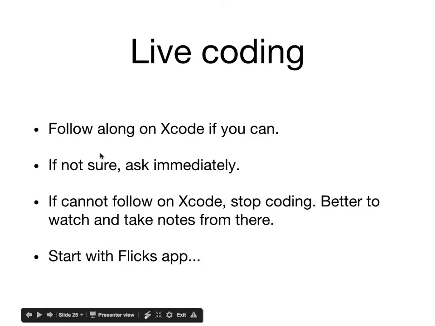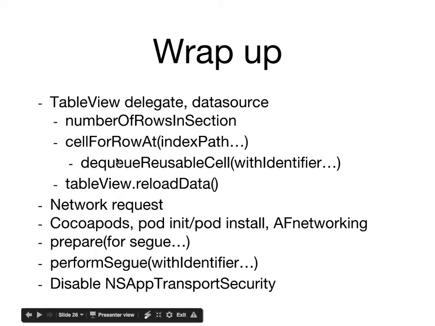And when we use cellForRowAt indexPath, better use dequeueReusableCell. This is how we manage the memory. And remember this one, tableView.reloadData.